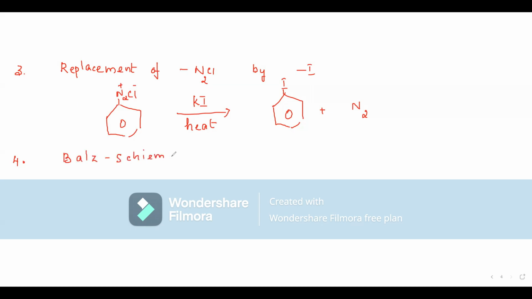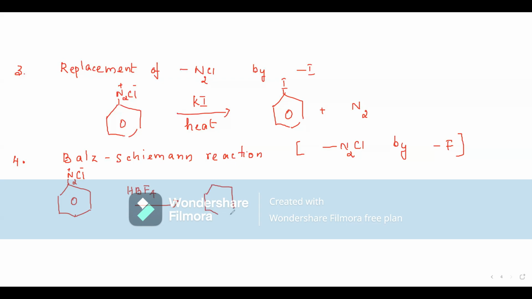Now, the next reaction is again a named reaction. It is called Balz-Schiemann reaction. In this reaction, you are replacing N2Cl by a fluoro group. Here what we need to do is treat benzene diazonium chloride with HBF4, which gives an intermediate.